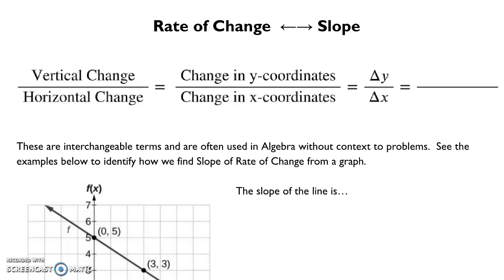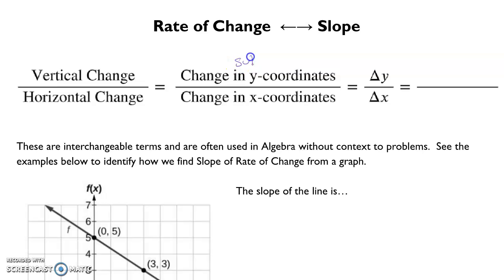Alright, now the last part of this video, putting that into a formula, into an actual equation. So we've already talked about slope being vertical change over horizontal change. When we're looking at it in a coordinate plane, that's the change in your y coordinates divided by the change in your x coordinates. When we're dealing with change in coordinates, that's subtraction.